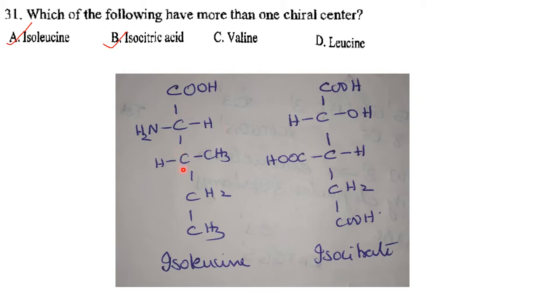Then you have this particular carbon atom to which different groups have been attached. Here no. So two are there in case of isoleucine, and in case of isocitrate also this is one particular carbon atom and this is the second carbon atom to which different groups are attached. So isoleucine and isocitrate, or isocitric acid, they have more than one chiral center. So answer here is option A and B.